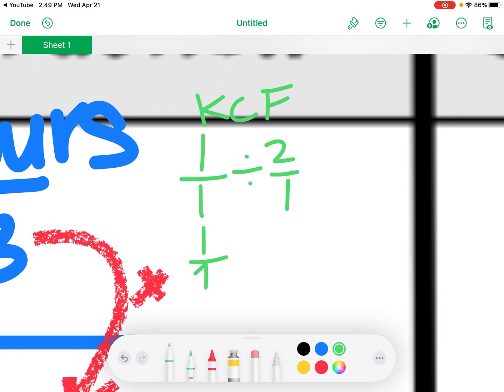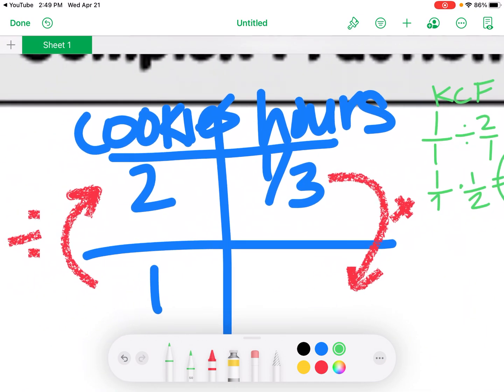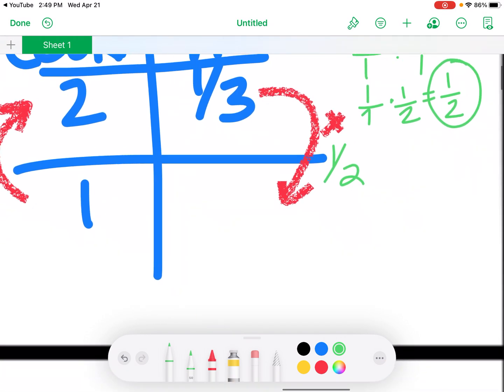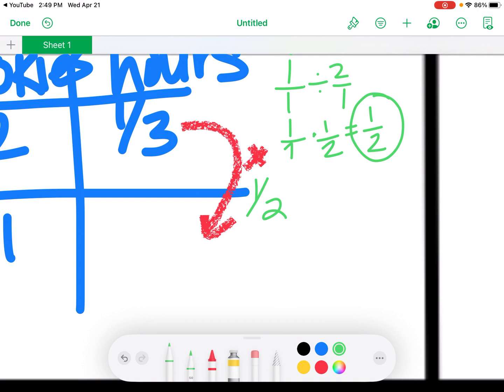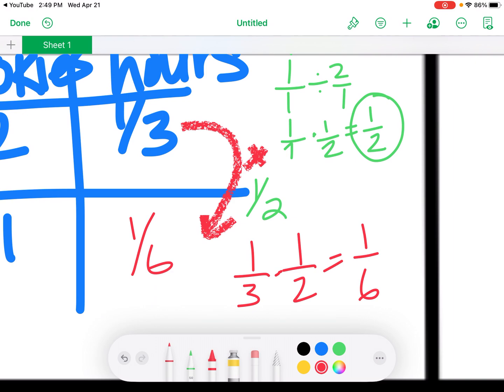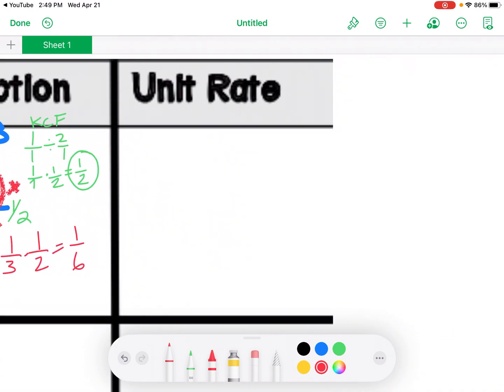So 1/1 times 1/2, and I get 1/2. So I'm dividing by 1/2, so I'm going to multiply by 1/2. So now I'm doing 1/3 times 1/2, and I get 1/6. So my answer is 1/6 of an hour for 1 batch.